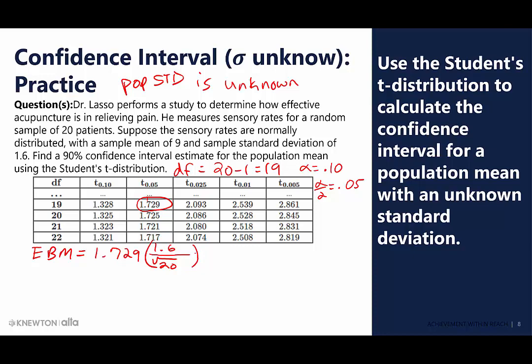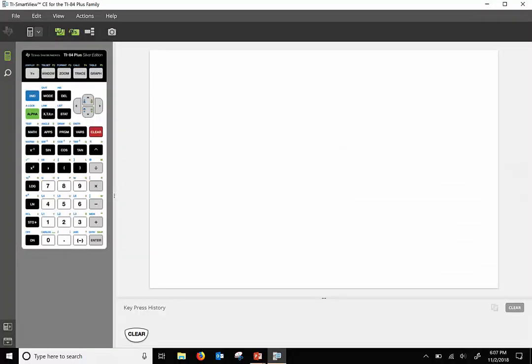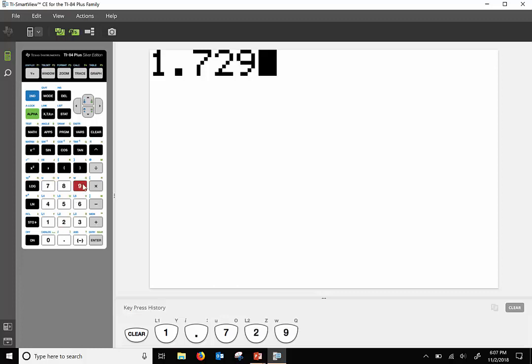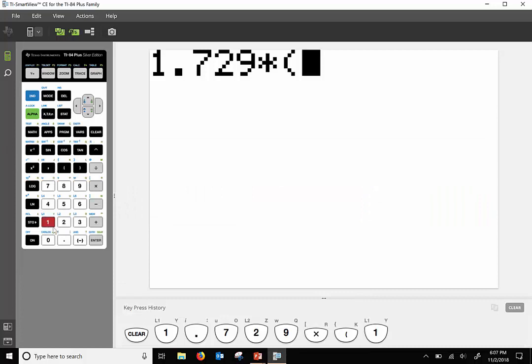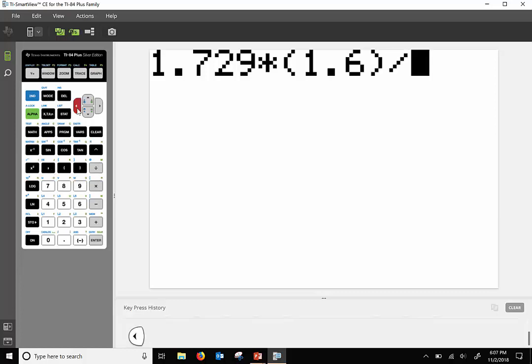Okay, let's put that in the calculator and see what that value is. 1.729 times 1.6 divided by the square root of 20. Actually, let me clear that up real quick.